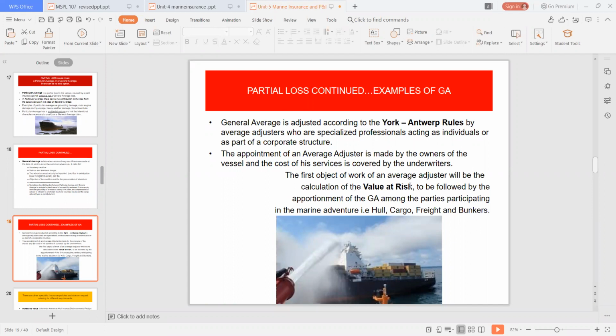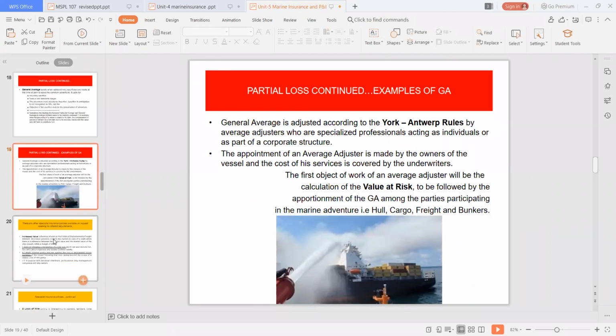The first object of the work of the average adjuster will be the calculation of the value at risk, to be followed by the apportionment of the GA among the parties participating in the marine adventure: hull, cargo, freight, and bunkers. So that is the average adjuster role under the York-Antwerp Rules.